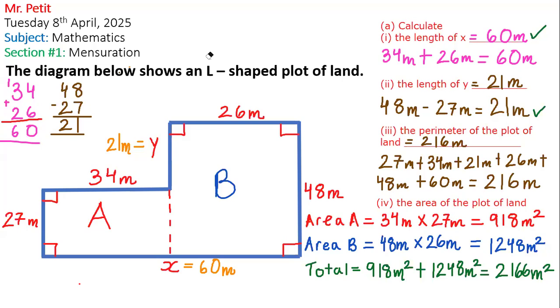For area B, you times 48 times 26 meters, and that equals 1,248. And for the total area, you add 918 plus 1,248, and the answer is 2,166.